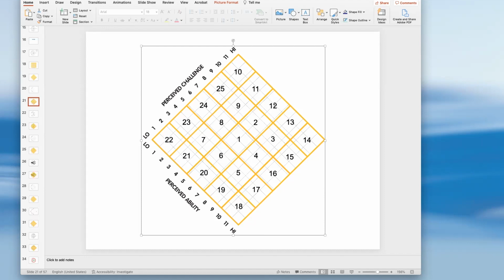So if you perceive your ability as being, say, an 8 or a 9, or in this case, moderately high, and the challenge is very high, well, think about that for a second. If you're moderately high ability, high level of challenge, what's your head saying when you're in that space?